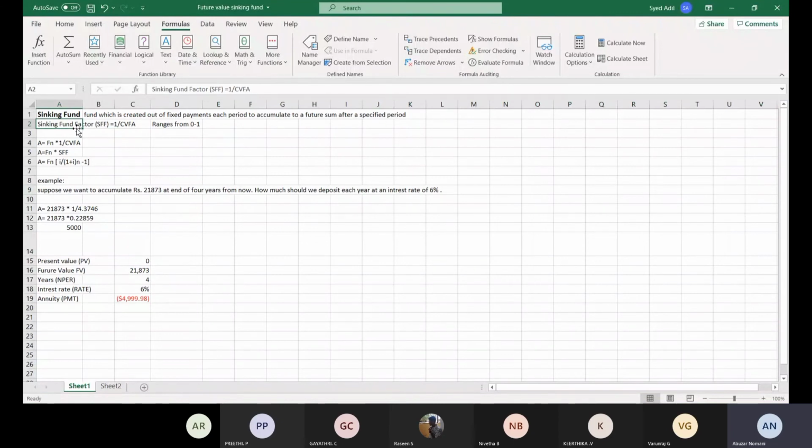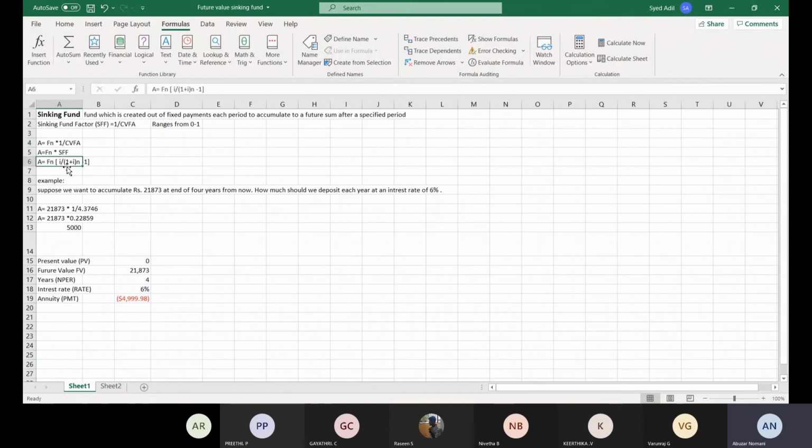Sinking fund factor is just the reciprocal of the compound value factor annuity, and it ranges from 0 to 1. With the help of this formula, A is equal to Fn into 1 upon CVFA, we can compute the sinking fund. We can replace 1 upon CVFA with SFF, because the sinking fund factor is the reciprocal of CVFA, the compound value factor annuity.